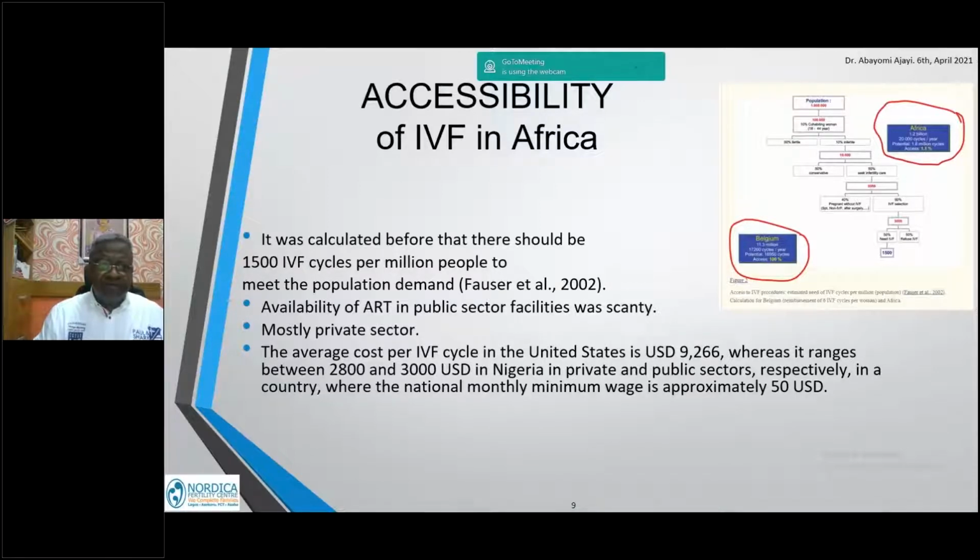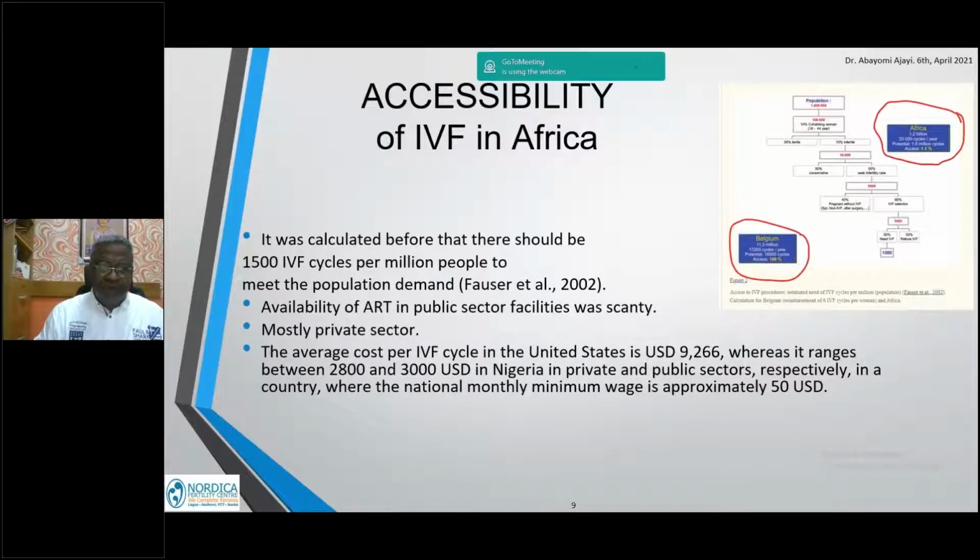The truth in Africa is that ART is mainly in the private sector. Health is a little bit lopsided in Africa, because about 60% of patients in Africa are attended to in the private sector. But when it comes to ART, it's probably about 95% of the services that are provided in the private sector.